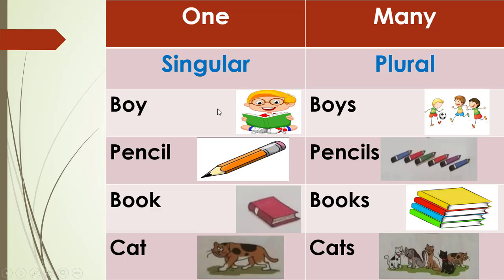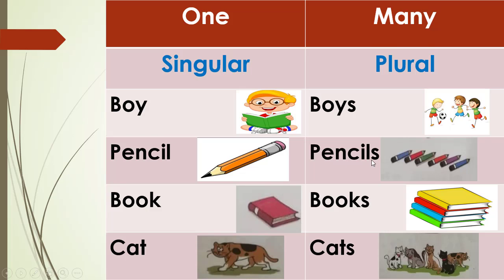In our first example, there is one boy. And in the second block, there are three boys. There were three boys, so we make it plural by adding s at the end of this noun. In the second example, there is one pencil and many pencils.